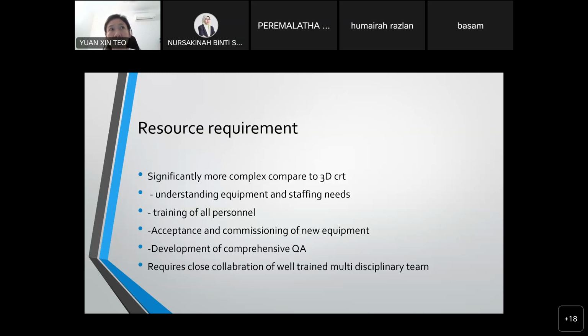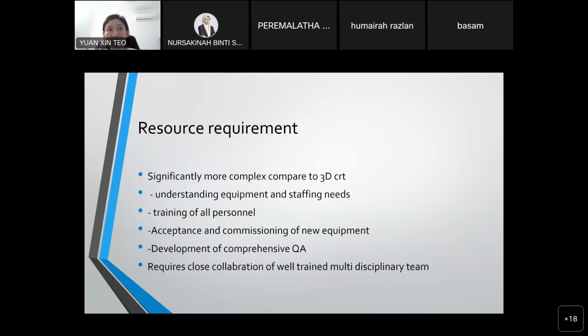Maybe your MLC, multi-leaf collimator, tolerance, okay, the MLC may be accepted up to, let's say, 2 mm tolerance, while with the IMRT technique we can only accept a tolerance of 1 mm.